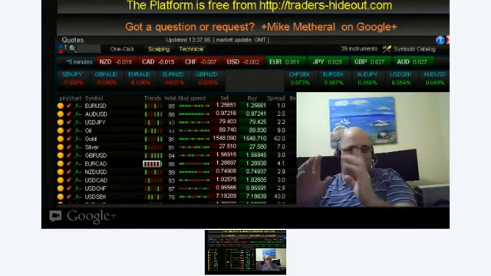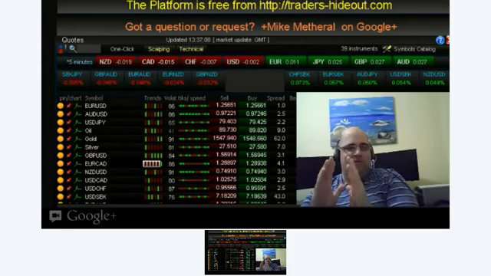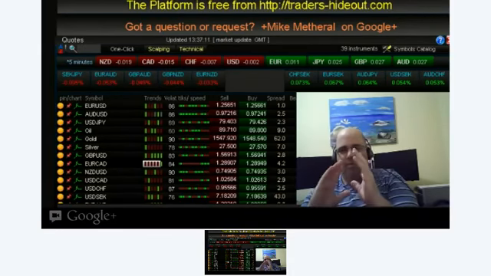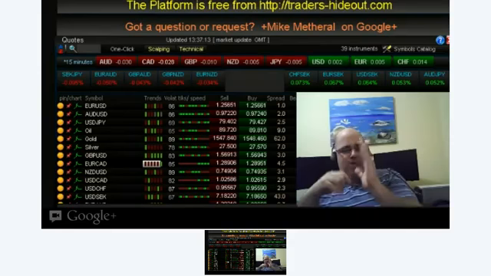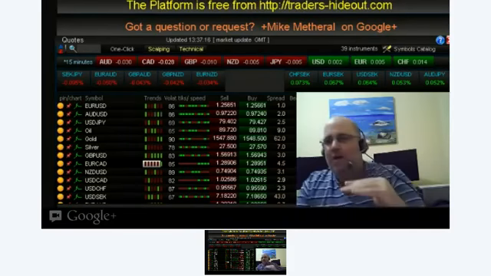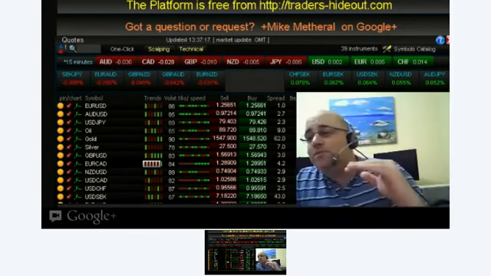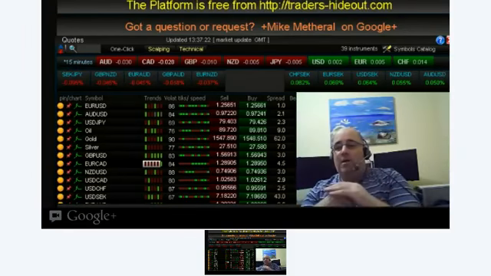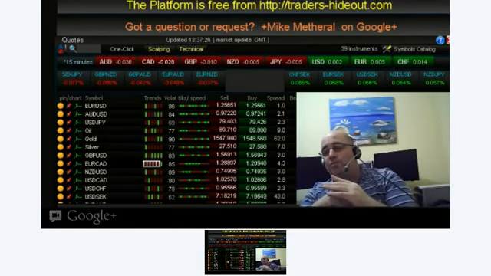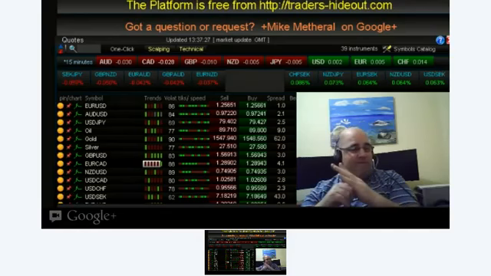So I'll just say that again, for those of you who are having a little bit of a problem grasping it. So I got this euro dollar. Okay, I bought it at 1.2565, and it went to 1.26. It went up 35 pips.